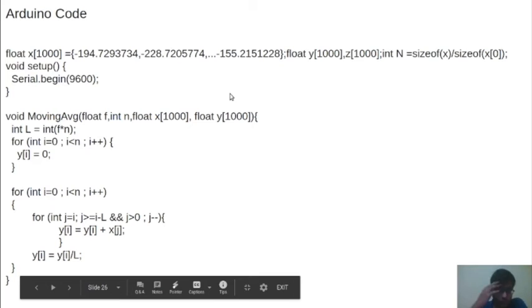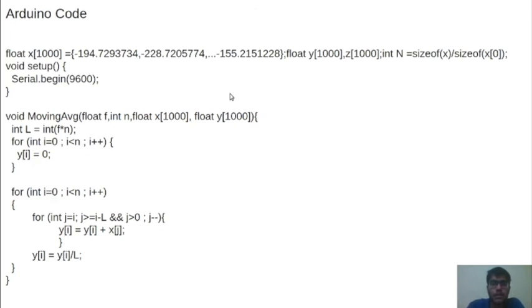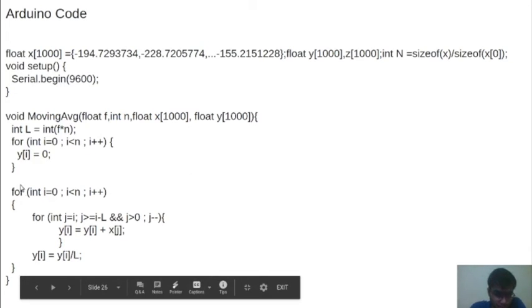Now we move on to the Arduino code. In the Arduino code we get the input X, Y, Z, and then N is the size. This runs one time, and we are initializing the baud rate as 9600, and this is the moving average function.